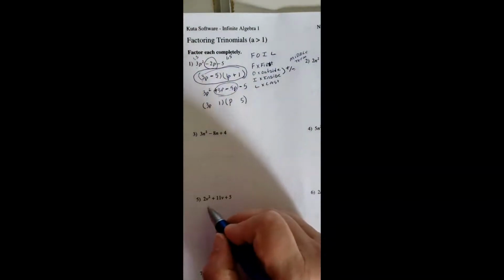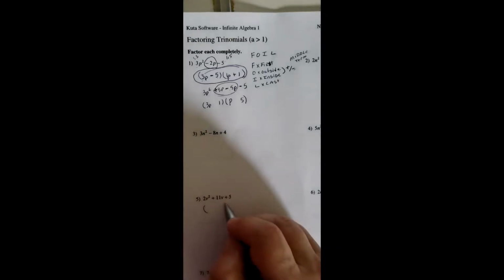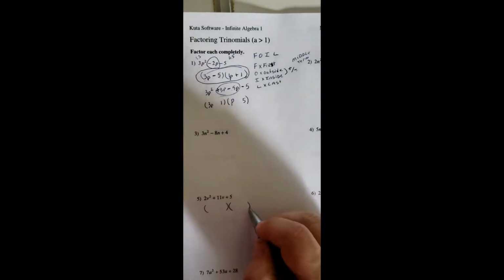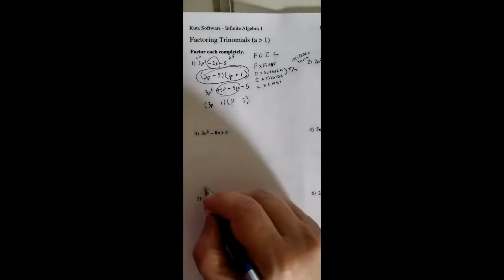Okay, so let's try it again. If I have something like question number 5, I'm going to do first times first, and I'm going to do last times last. First times first gives me factors for 2. What factors are there of 2?